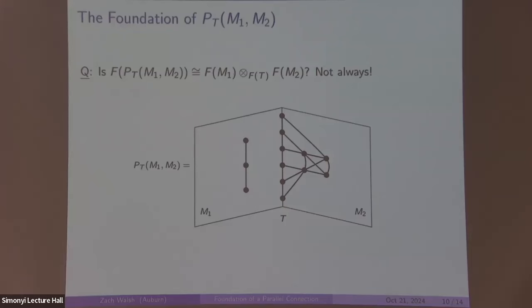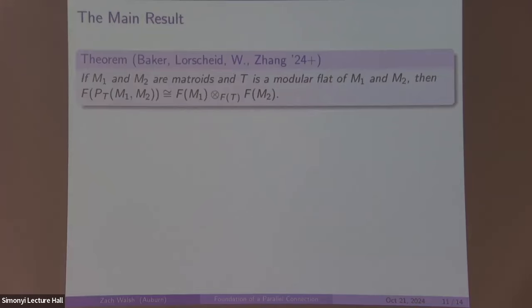But basically we showed that it is true in most of the cases that we actually care about. So here's probably our most general result from this project: if I have two matroids that agree on a common set T, and I require that T is a modular flat of both matroids, I'm adding a condition, then this expression holds.